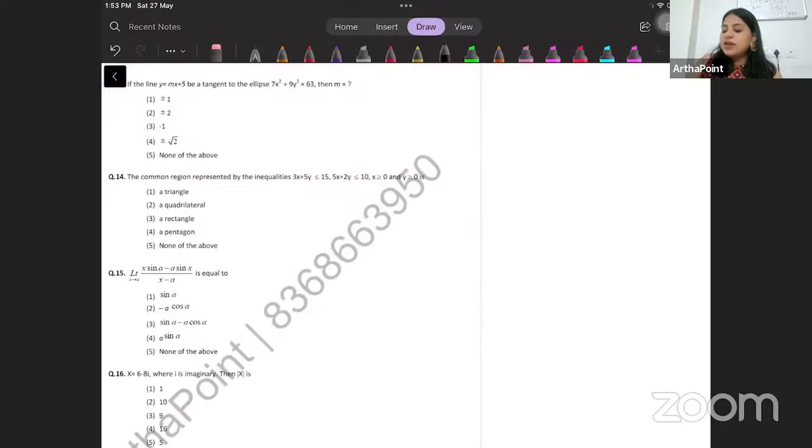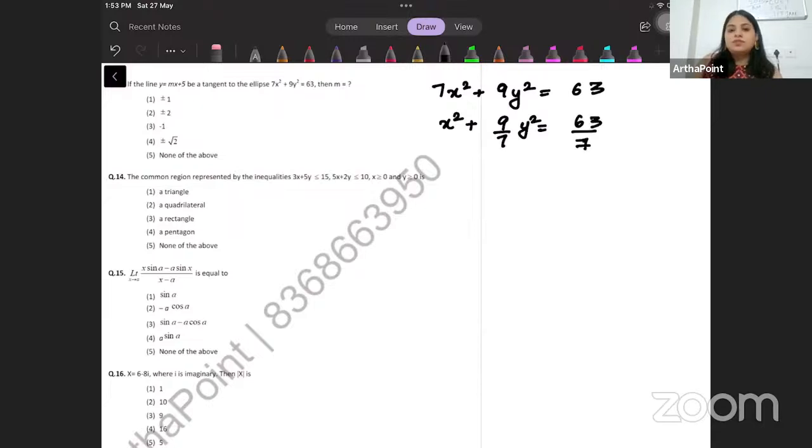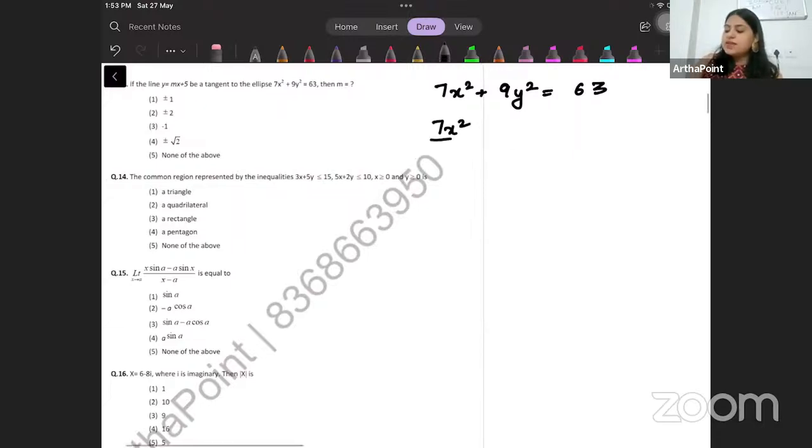So we know that 7x square plus 9y square is given as 63. So if I solve this, I could divide this by 7, so plus 9 by 7 y square will be 63 by 7. Right? Or what you can do, which is even easier, is just divide throughout by 63. So you will have 7x square by 63 plus 9y square by 63 is equal to 1.